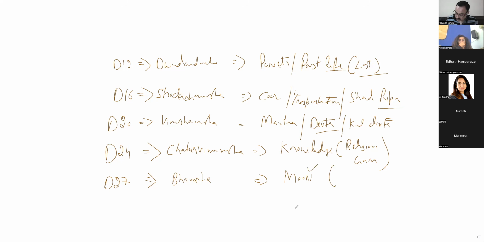So the moon becomes very, very important to understand. Your moon may be debilitated in the lagna, but you must check the condition of the moon in the D27. So this will show your manas, your mental, आपका mind programmed कैसे है. So this is going to show you the programming of your mind.